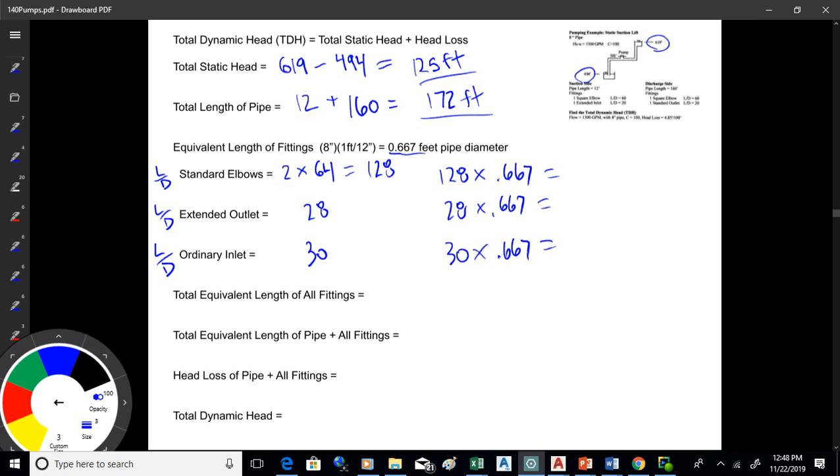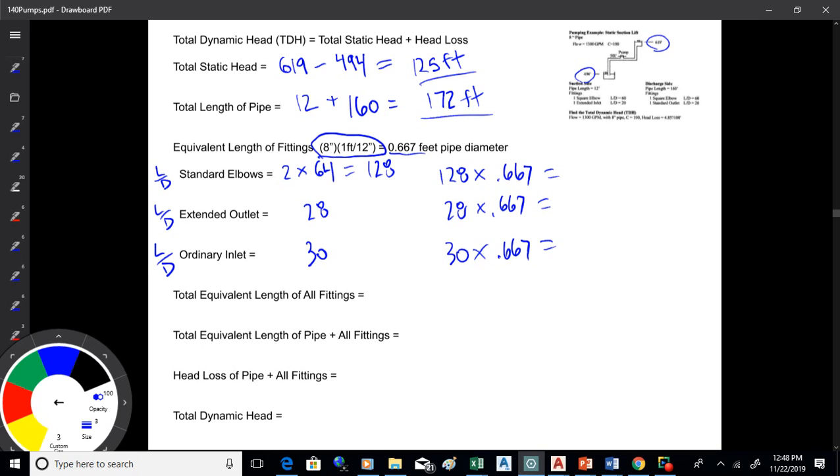Did you get that 0.667? Just say 8 divided by 12? Right. What's the 12 from? 12 is 12 inches in a foot. So 8-inch pipe, 12 inches in a foot. So if you divide 8 by 12, you get 0.667 feet.